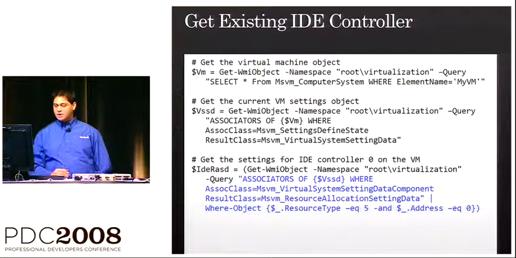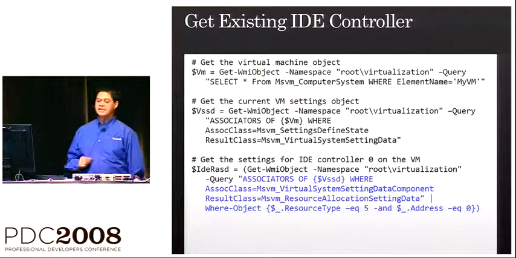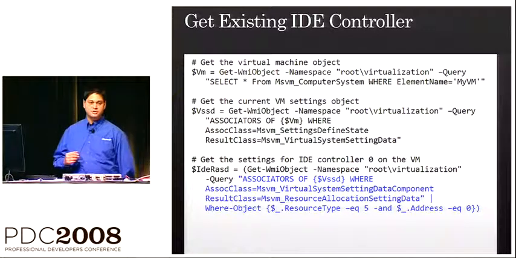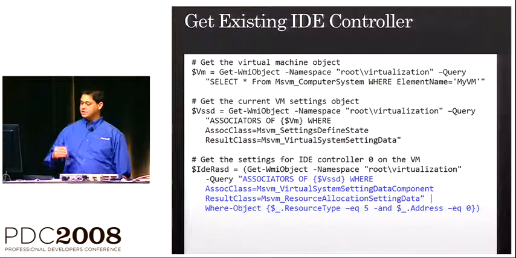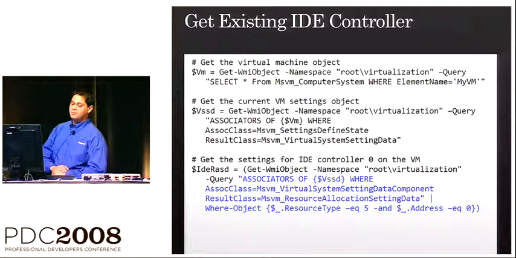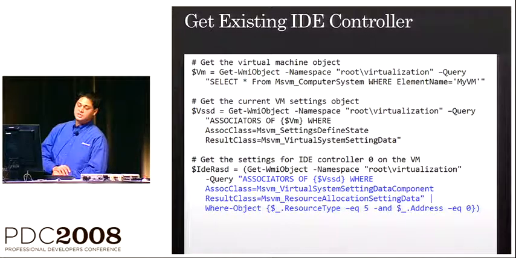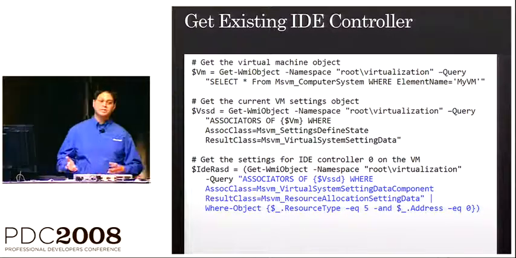From there, we follow the virtual system setting data component association to find the IDE controller that's allocated in this VM. And so we're looking for an instance of resource allocation setting data where the resource type on the last line there is equal to 5. 5 means IDE controller. And whose address is equal to 0.